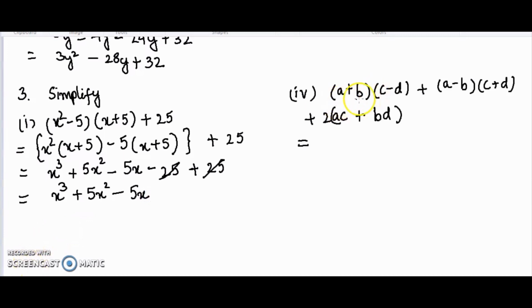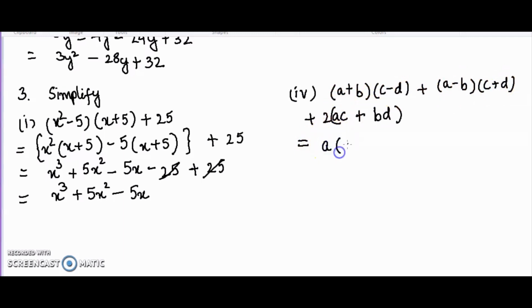So here first, these two expressions have to be multiplied, these two binomials. Then it has to be added to the product of these two plus the product of 2 and AC plus BD. So these terms will be simplified first. Whatever you have to multiply, that you simplify first.